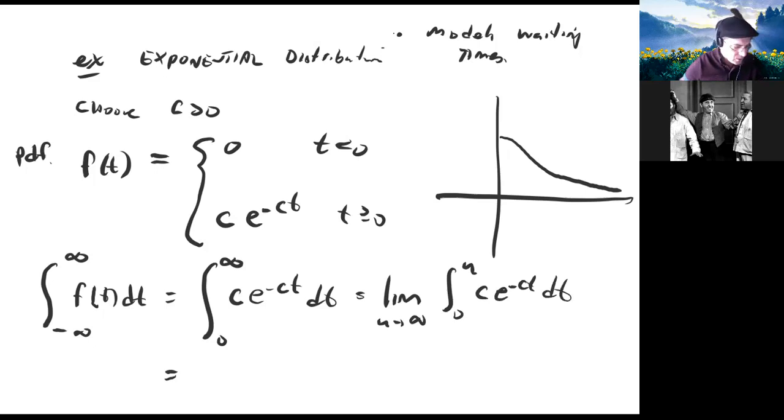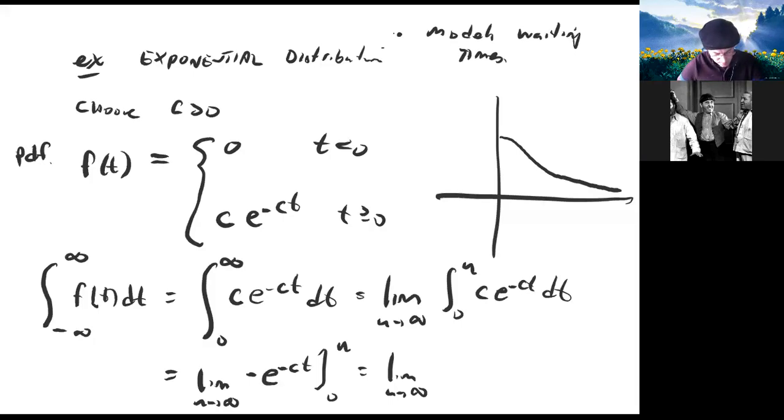When we integrate, we get the limit as u goes to infinity of minus e to the minus ct evaluated from 0 to u. I'll pull out the minus sign, and we get e to the minus cu minus 1. There's a u here, not a t.